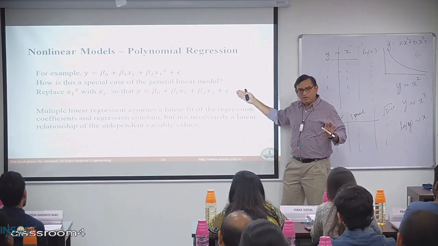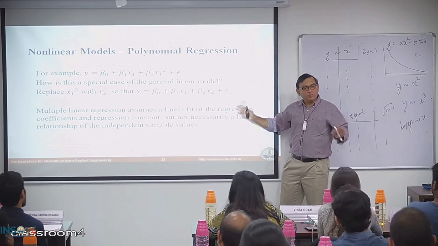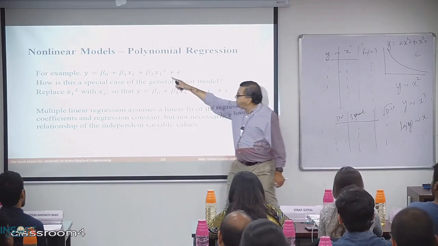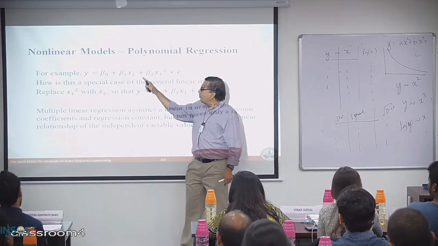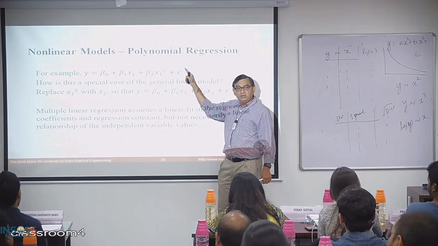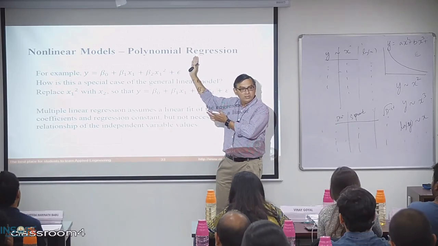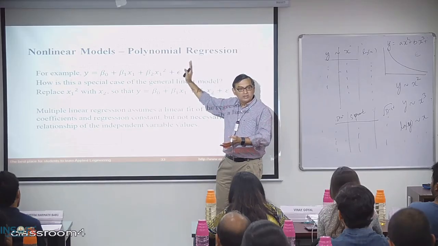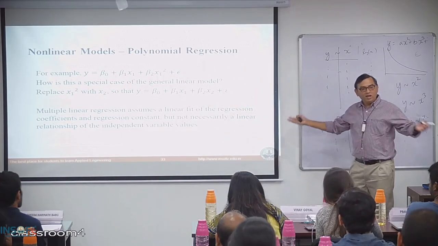Is the idea clear? In fact, there is no reason why it needs to be polynomial at all. This can be y equal to beta naught plus beta 1 x1, beta 2 x1 squared plus beta 3 of log of x or hyperbolic tangent of x. It doesn't matter what function that is. I can compute that, put it in a separate column, and then I'll have a multiple linear regression.